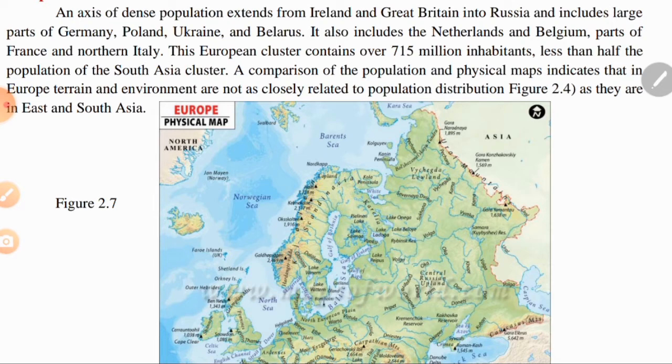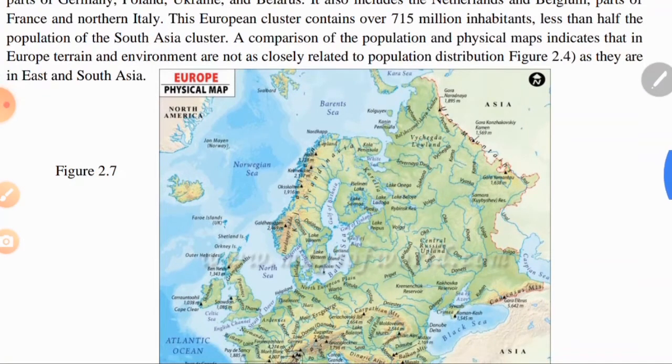Unlike sa Asian extensions, which reflect fertile river valleys, sa Europe naman, magre-reflect yung population density sa coal fields. Because if you look closely at the physical map, you will note that the comparatively dense population occurs even in mountainous or rugged country.